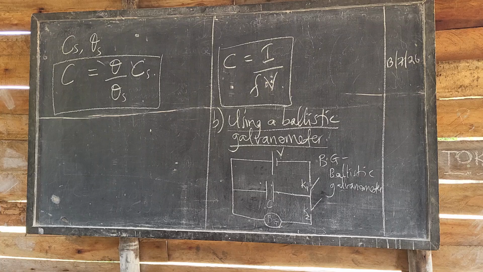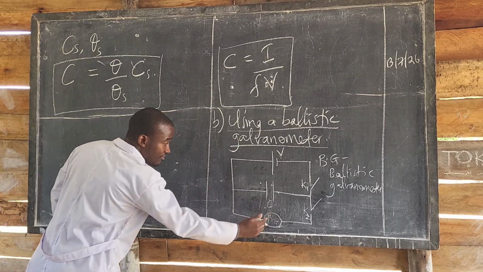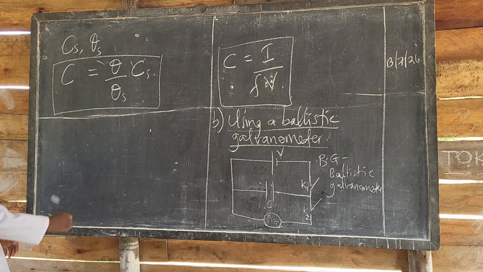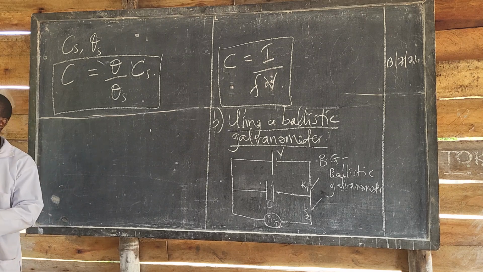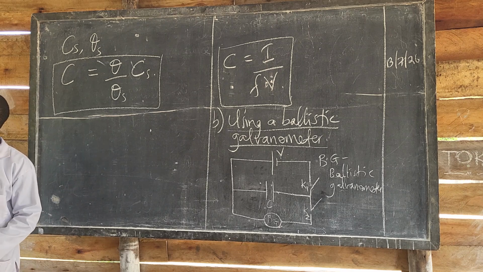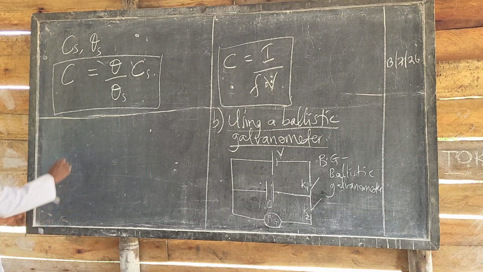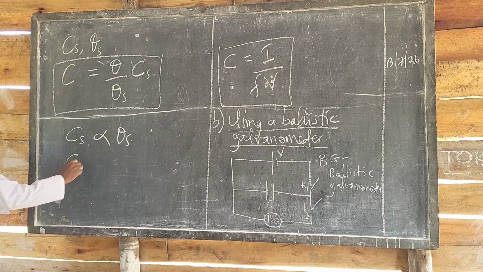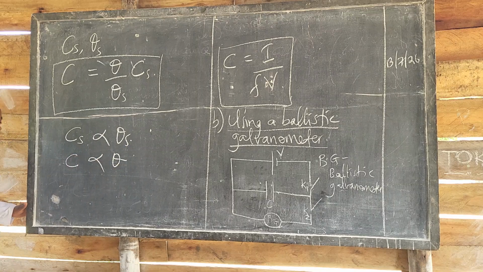Of course, we know that for any ballistic galvanometer, the deflection depends on the capacitance and varies proportionally. So we shall have C S proportional to theta S, and C proportional to theta.